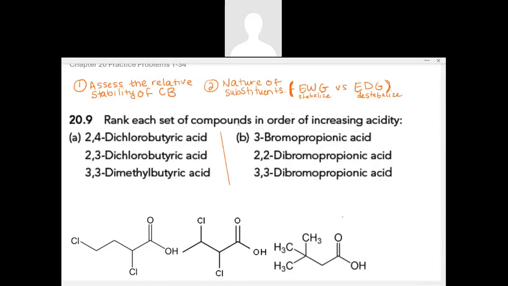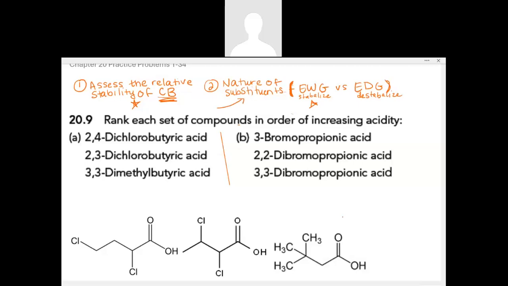We have to remember, in order to rank acidity, we generally have to assess the relative stability of our conjugate base. And we'll also, in this case, have to look at the nature of our substituents, whether or not they are electron withdrawing groups, such as chlorine or other electronegative atoms. Bromine also can be included in that list.